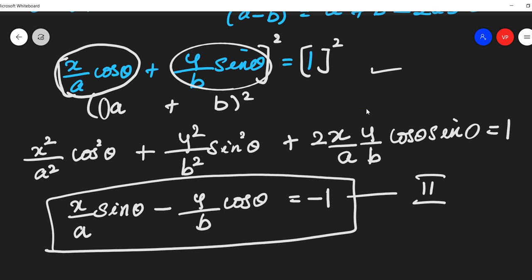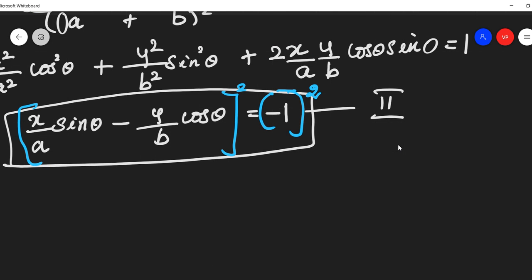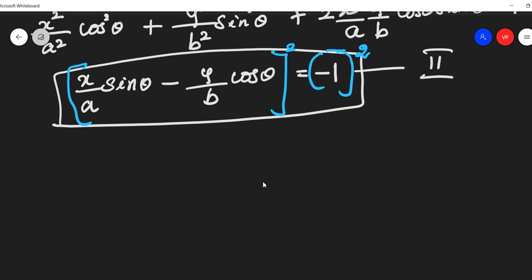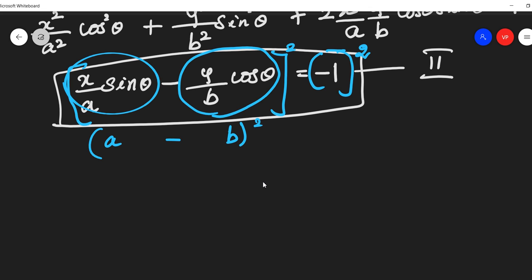So we are going to square on both sides. How will you square? Just write this one square on LHS and RHS square. You have to take a square; for that, this term as a and this term as b, so (a minus b) the whole square.